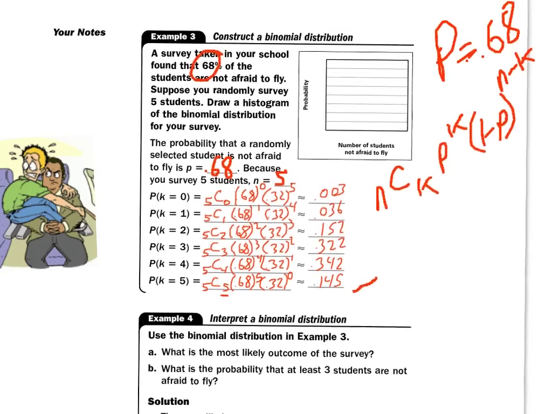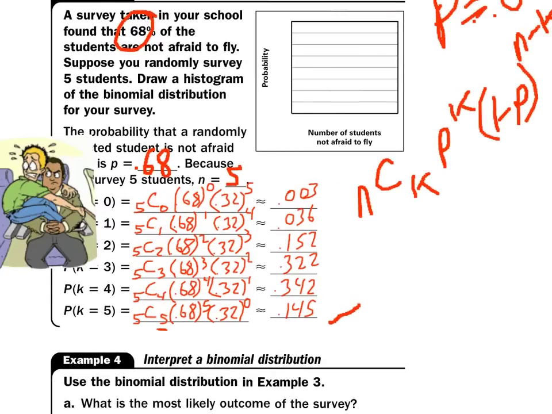Now, if I take all that information and I draw my histogram, on my histogram some things I want. First of all, 0. If I were to survey people, what's the chances I find 0 people that are not afraid to fly? And then 1, 2, 3, 4, and 5.